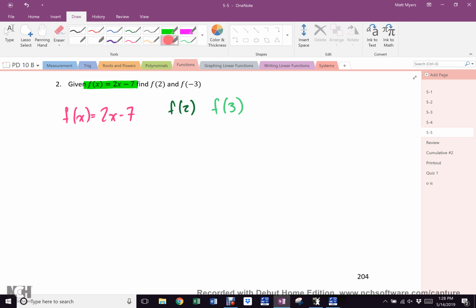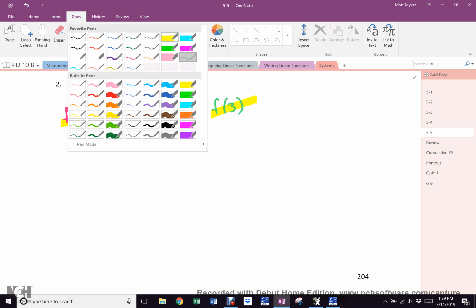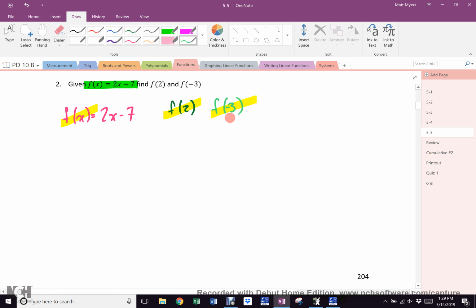What is different in these three incarnations? Oh, -3, thank you. But again, what is different? This is f of x. I'm going to double x and subtract 7. What is this? F of 2.